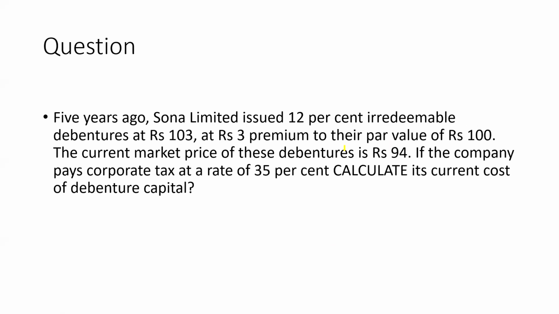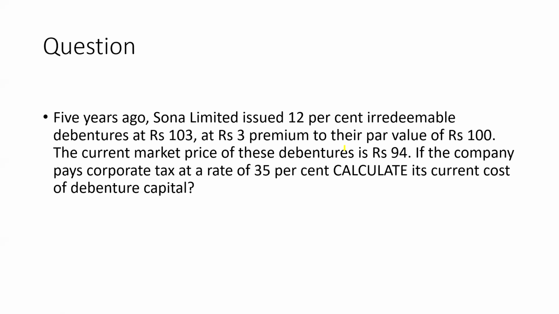So see this question. Here 5 years ago, Sona Limited issued a 12% irredeemable debenture, where the rate of interest is 12%. The price of this instrument was 103 rupees and the face value is always 100 rupees.